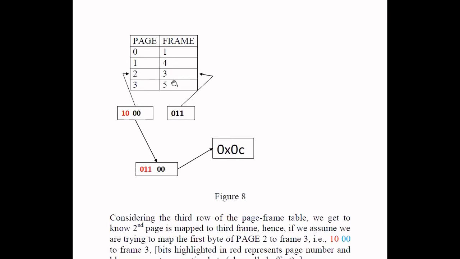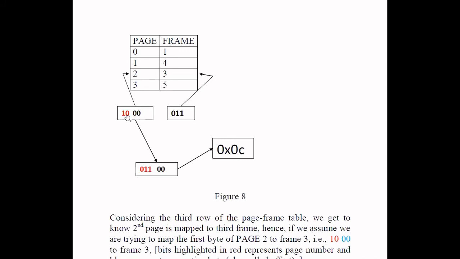The logic followed over here is that this 10, which is nothing but the page number value, is directly replaced with the frame number value. We are not doing any bit or byte conversion over here. Please understand, we are just replacing this page number with this frame number. Direct replacement, that's all.